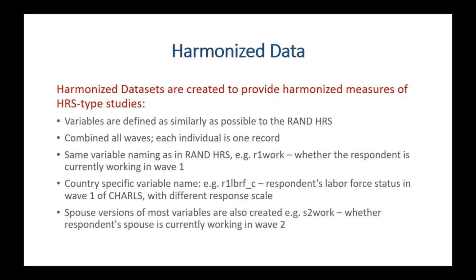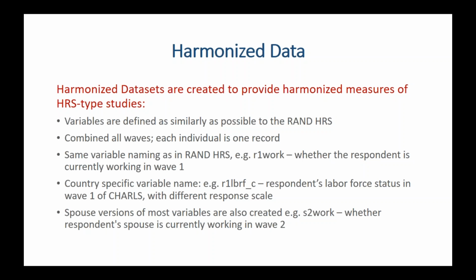We include country-specific or study-specific variable names if the variable is not exactly comparable. For instance, in the harmonized CHARLS, the Chinese data, we have a variable called R1LBRF_C, the respondent's labor force status in wave 1 of CHARLS.